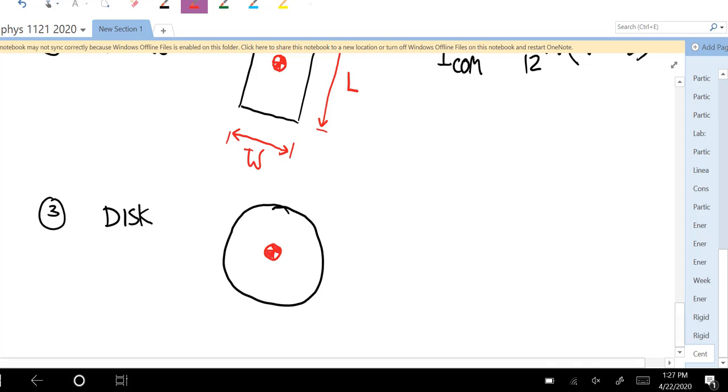And the radius is R. Well, the mass moment of inertia of this disk around its center of mass is 1/2 m r squared.